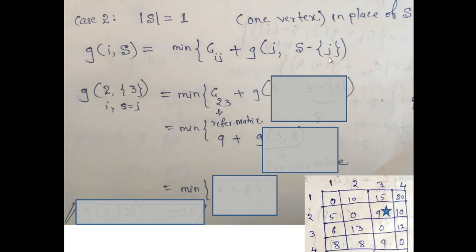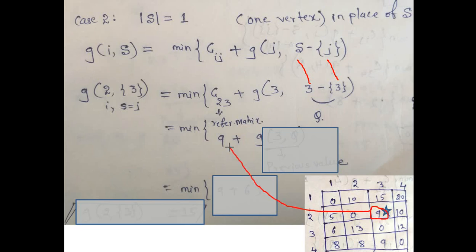You have to write 2 to 3. Now here J value is what? 3. S value is 3 minus J value 3.